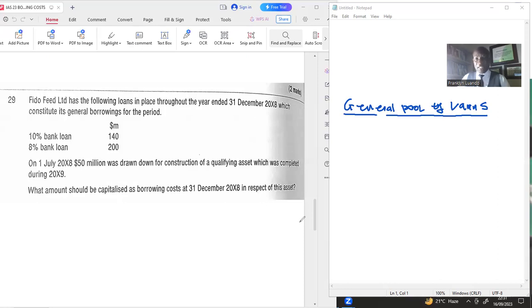In such a case, the interest to use should be the weighted average capitalization rate.